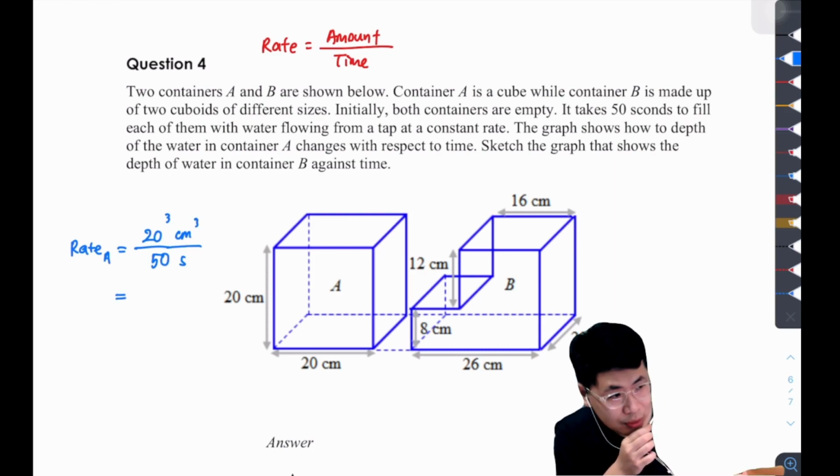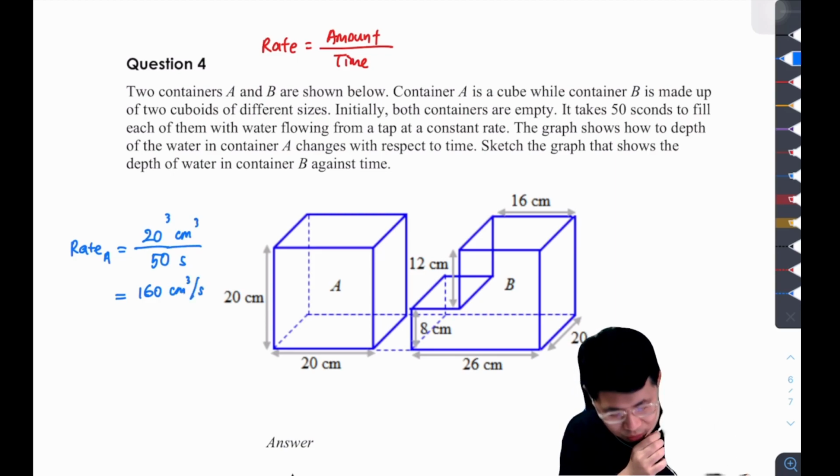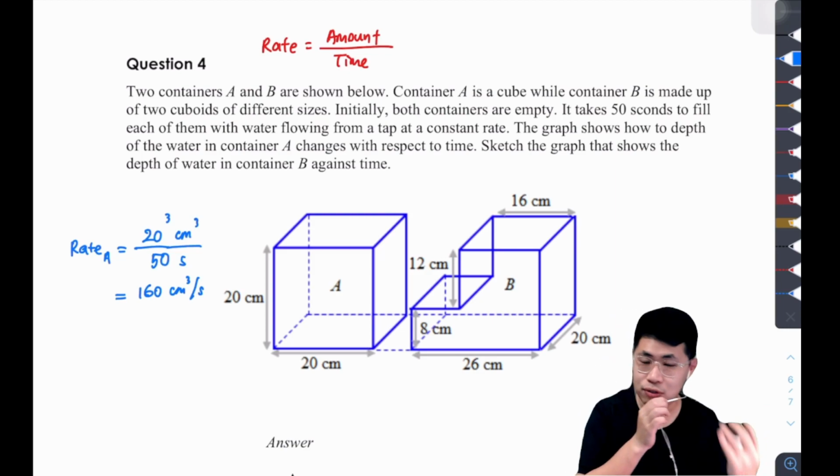A very quick calculation will tell us that roughly it's going to be 160 cm cube per second. This is the rate that A is going to fill up.